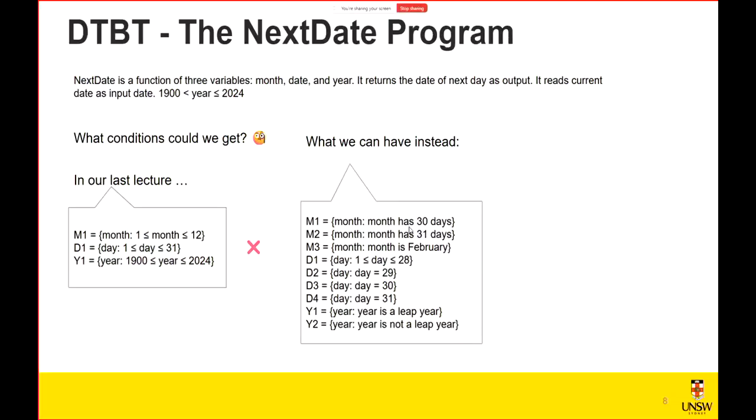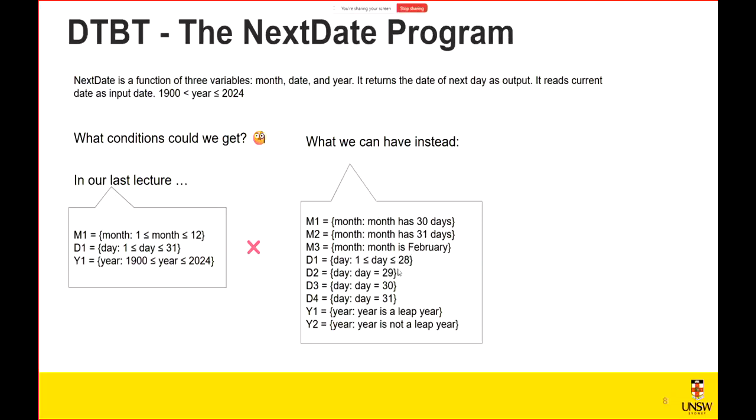For example, we can have 3 different types of months. The first one is a set of months where each month can have 30 days. The second one is a set of months where each month can have 31 days. And the third one is February.